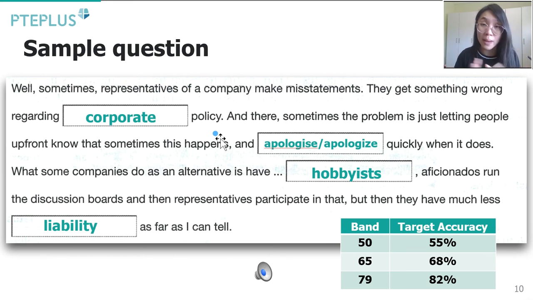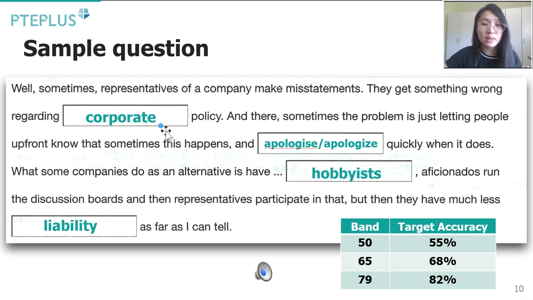They usually pair together. You've got corporate policy, you've got legal policy, and so forth. So the knowledge of that is going to help you pick out that word more easily, even if you didn't fully hear it clearly.